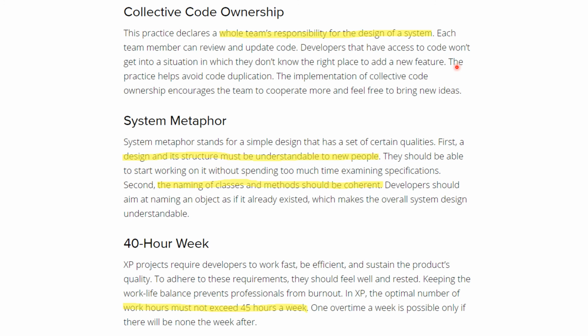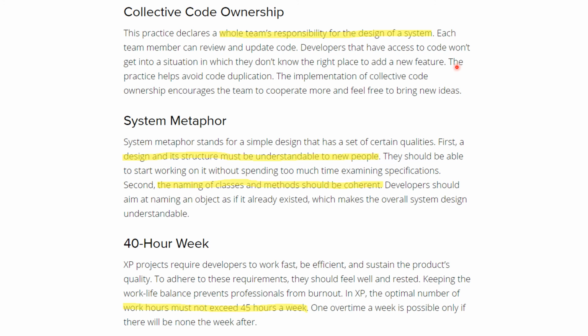Where you explain your collective code ownership, your coding standards, and systems, the person coming into the team needs to easily understand. That's a very important function of the system metaphor. The second is that the naming of the classes and methods should be coherent. That's about understanding.